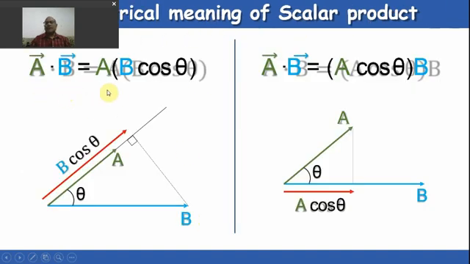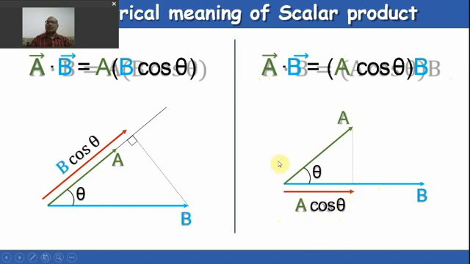If we see A dot B is equal to A times B cos theta. So B cos theta is basically the component of the B vector in the direction of A. If B has one direction and A has another direction, with theta in between them, then B cos theta is the component of B in the direction of A. So A dot B can again be represented as A cos theta multiplied by B. In the direction of B, the component of A is A cos theta.